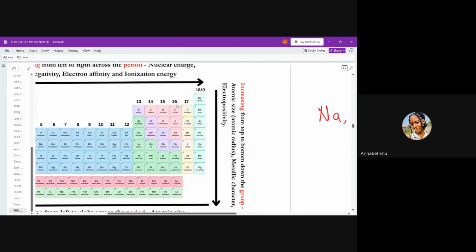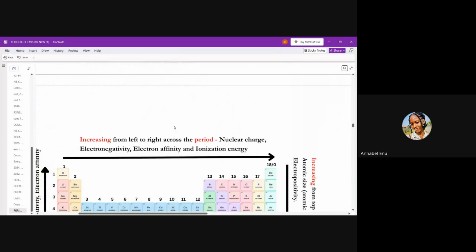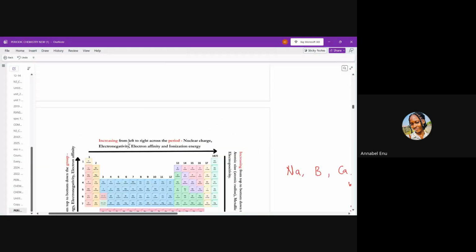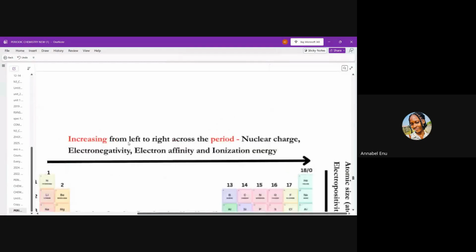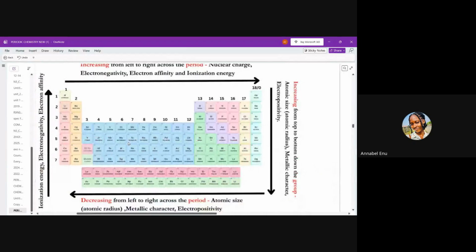If we notice, sulfur and oxygen are both in the same group. Okay. So why is oxygen more electronegative than sulfur? When we talked about the trend in electronegativity, we said what? It increases across the period and decreases down the group. Okay, so that is why oxygen is more electronegative than sulfur. Across the period means from lithium, okay, let me zoom it in.